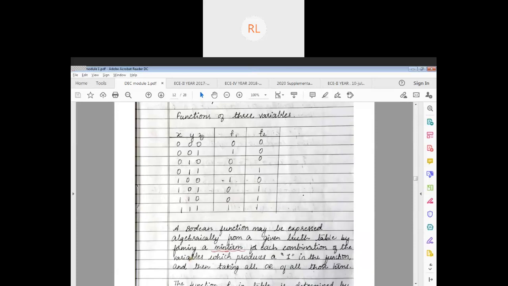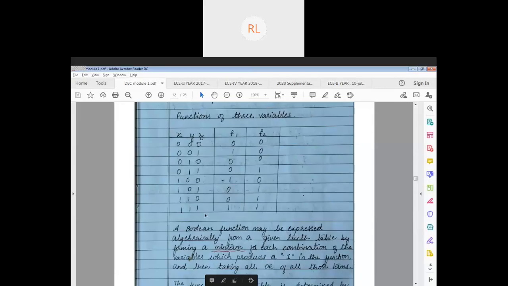Fine. Now let us take F1 as an example. As usual, X, Y, Z. These are your 3-bit combinations. So I have three zeros, 0 0 1, which means I'm starting from 0 1 2 3 4 5 6 7. So these are all my combinations for 3 bits. There is nothing beyond triple one.